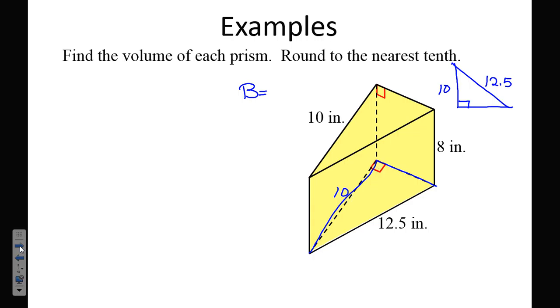Pythagorean theorem. The Pythagorean theorem says a squared plus b squared equals c squared. So we're going to take 10 squared plus b squared and set that equal to 12.5 squared. So 100 plus b squared equals, what's 12.5 squared?